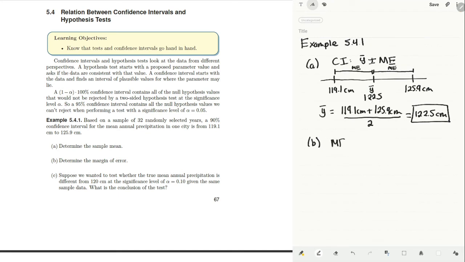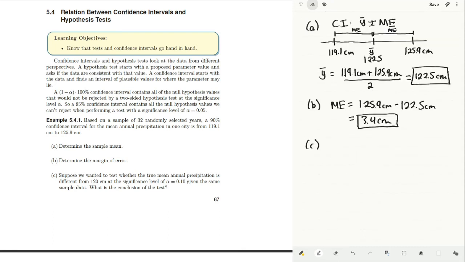The margin of error is 125.9 minus 122.5, and this gives us 3.4 centimeters. Alternatively, we can also take 122.5 and subtract 119.1 centimeters.